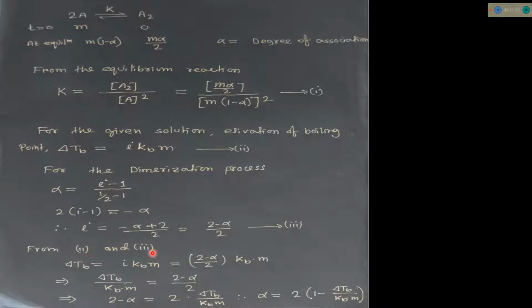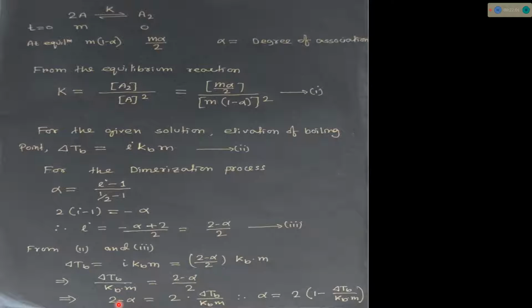Now from equations 2 and 3. Equation 2 means ΔTb is equal to i into Kb into m, the observed value of elevation of boiling point, and equation 3 means i equals (2 minus alpha) by 2. So if we put the value of i here, ΔTb equals (2 minus alpha) by 2 into Kb into m. Now if we rearrange these equations, ΔTb upon Kb into m equals (2 minus alpha) by 2.